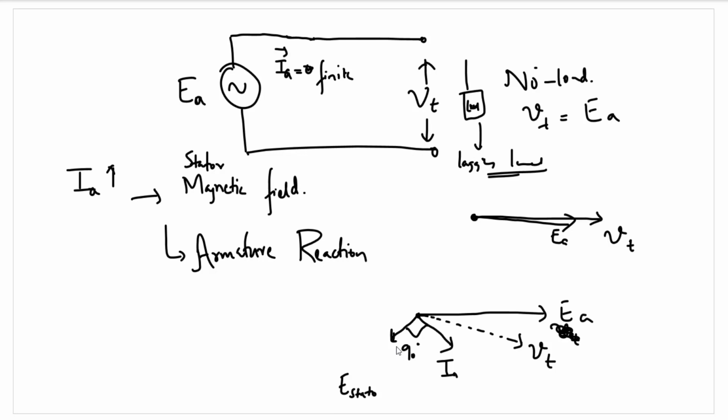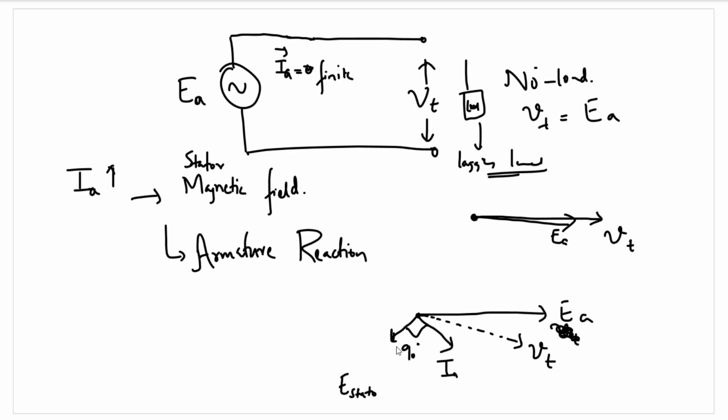Now we can see that this armature current is flowing. It's an AC current flowing in the armature windings, which produces a stator magnetic field. That stator magnetic field induces another voltage in the armature windings. That's E stat. This E stat will oppose EA.